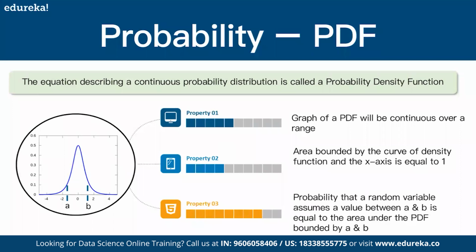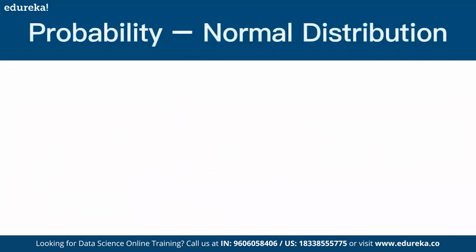The probability that the random variable assumes a value between a and b is equal to the area under the probability distribution function bounded by a and b. So suppose you select any subset of the particular density function, you'll always find the answer is a subset of it. So the answer is always between those 2 upper and lower limits. That is known as the probability density function.